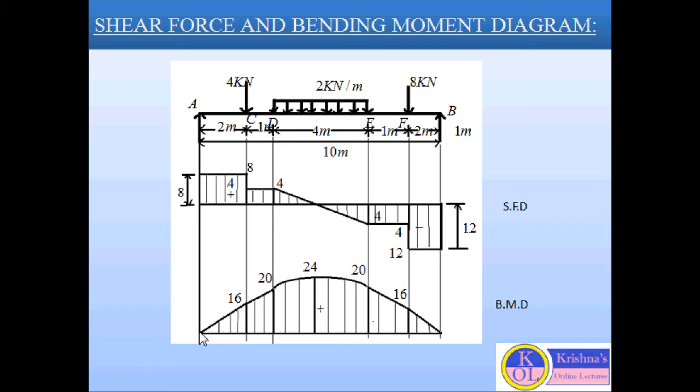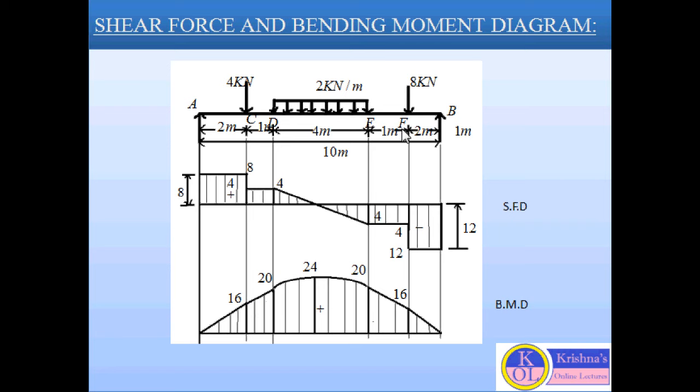This area represents the bending moment for the span AC. Now at point D, the value of bending moment is 20 kilonewton meter. So again from C to D, it will be represented by a linearly inclined line.